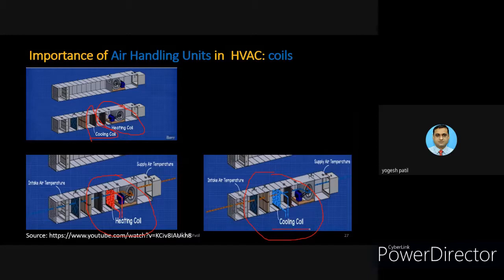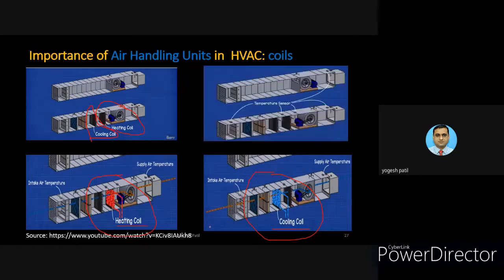For the cooling system the input will be coming from the chillers, and for the heating system the input is coming from the boilers, because in HVAC both the functions are there. Heating function is also there as well as cooling function. So in the heating part the input is coming from the boiler, and for the cooling part the input is coming from the chiller that we already discussed.